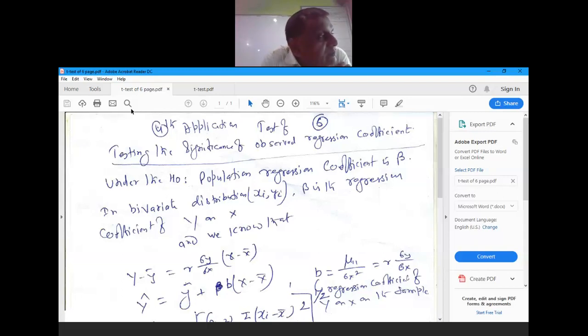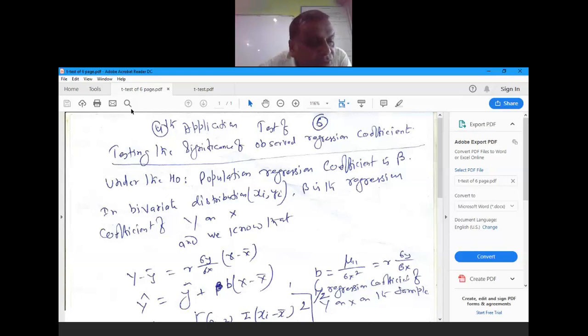Do you remember the formula of the regression line of y on x? Anybody? So I have written it here. The regression line of y on x is y minus y bar is equal to r into sigma y divided by sigma x, under bracket x minus x bar.